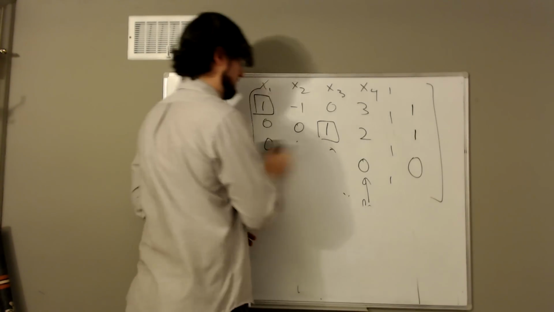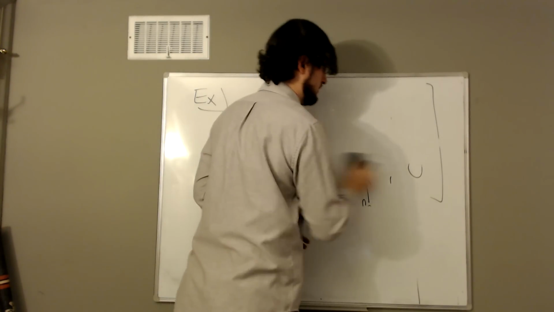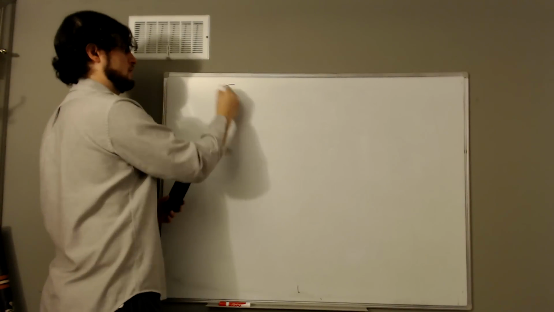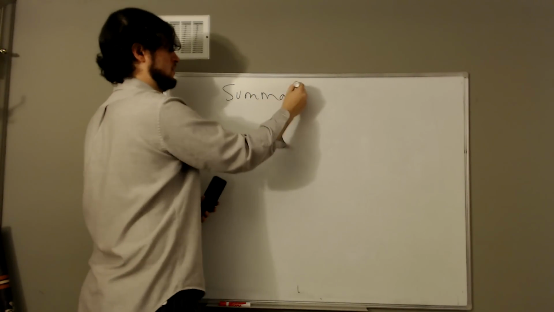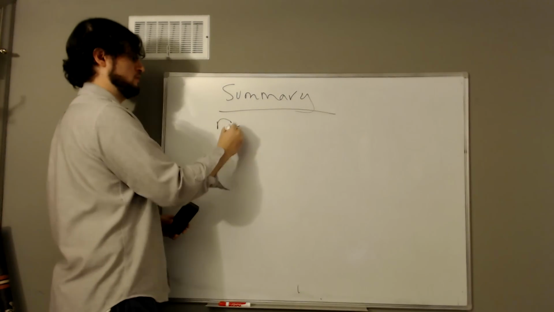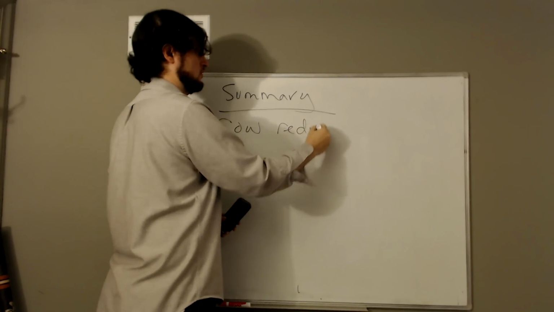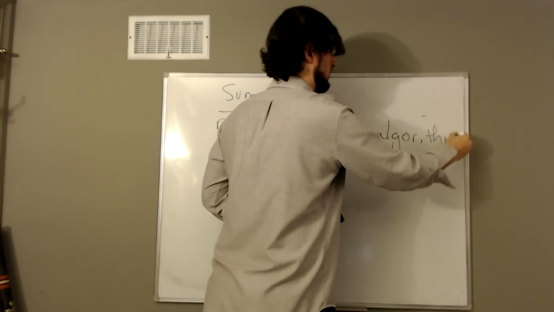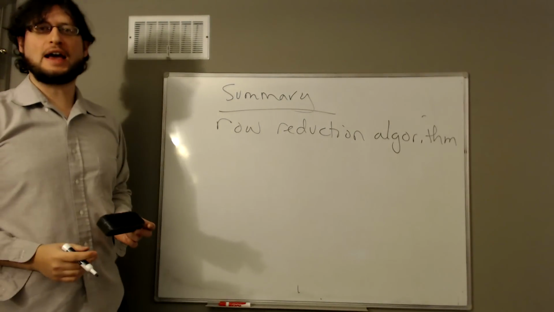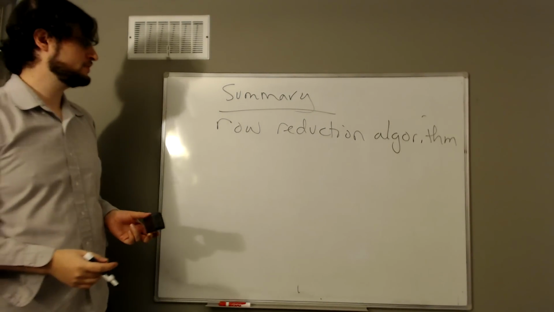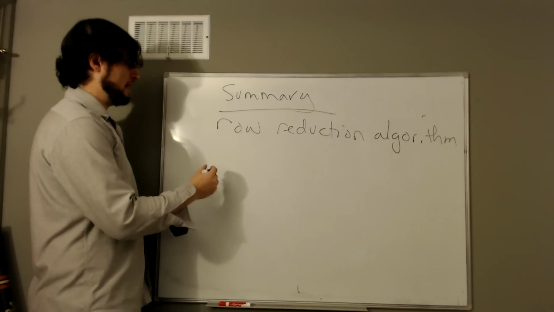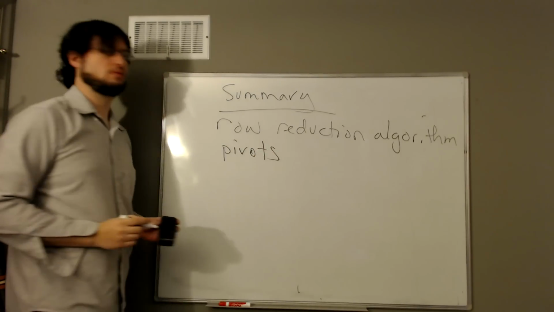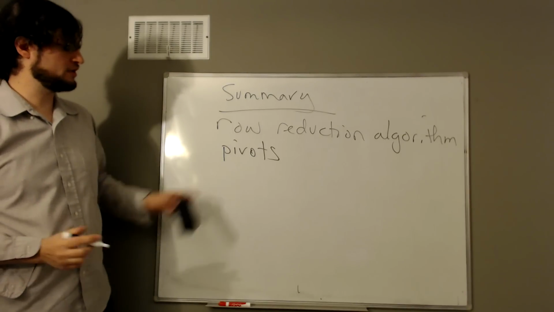Okay. So let's summarize what we've learned. We talked about the row reduction algorithm. You should be able to apply that to any matrix. We've talked about how you find pivots in a particular matrix in your row reduction algorithm.